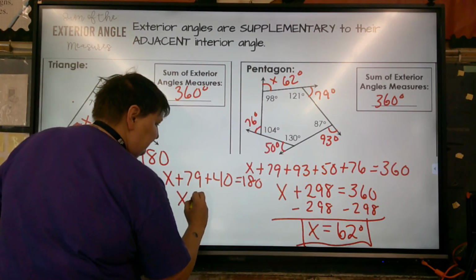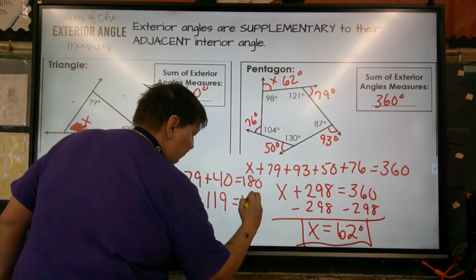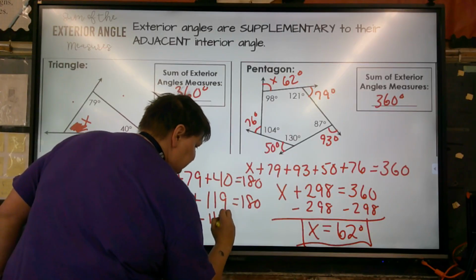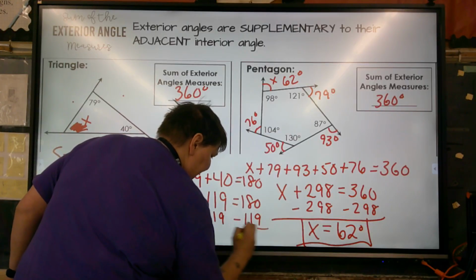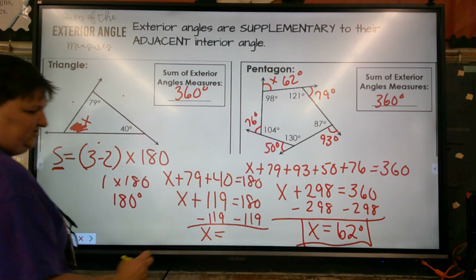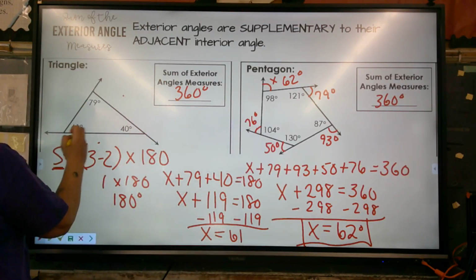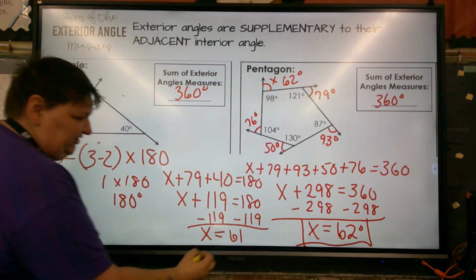So x plus 119 has to equal 180. So we're just going to subtract 119 from 180, and it'll tell us that our missing value is 61. Yay! Our missing value is 61 degrees.